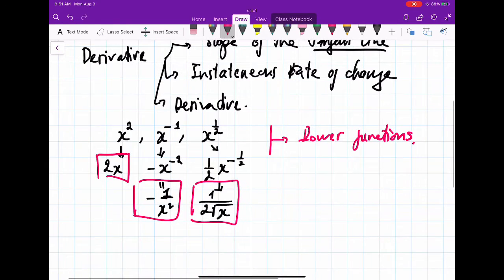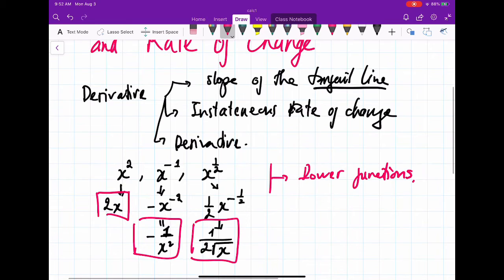And in this video, we study the general power rule, how to find the derivative of a power function. We don't prove anything in this video, okay? Sometimes we just need to accept the formula and then apply it correctly.